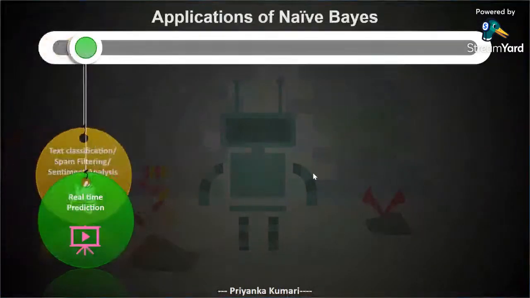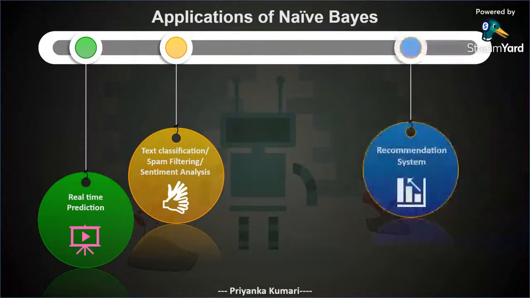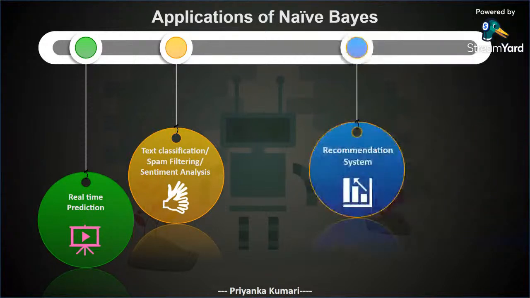Now coming to the applications of naive Bayes, which is real-time prediction. As I told you, naive Bayes is a very fast algorithm and it is very easy to work on huge data sets, so it is mostly preferable for real-time prediction. Then the next application is that it can be used for text classification, spam filtering, or sentiment analysis.